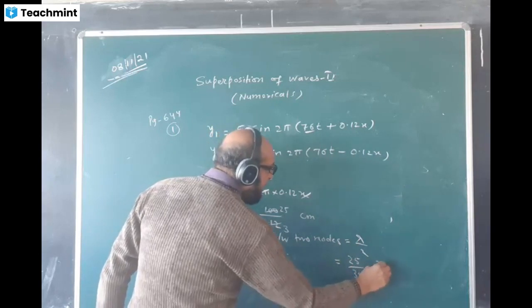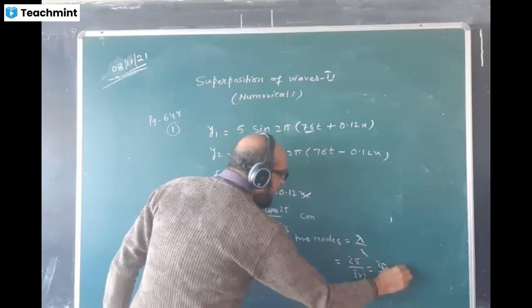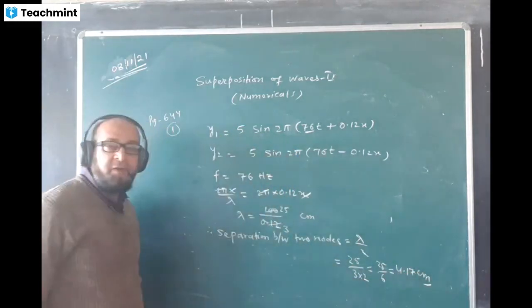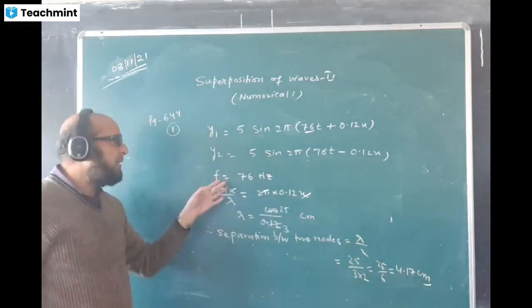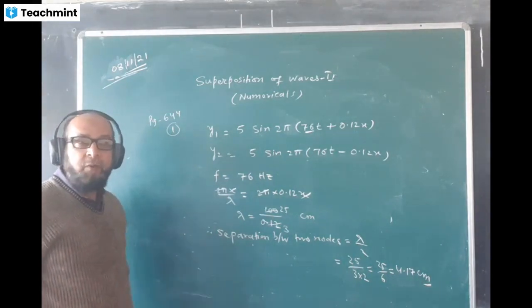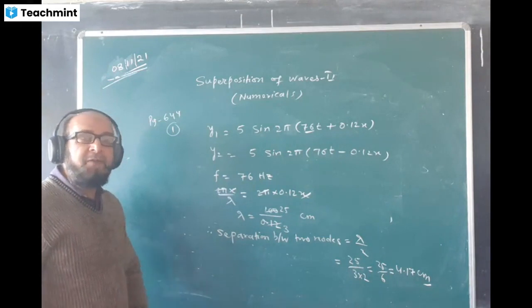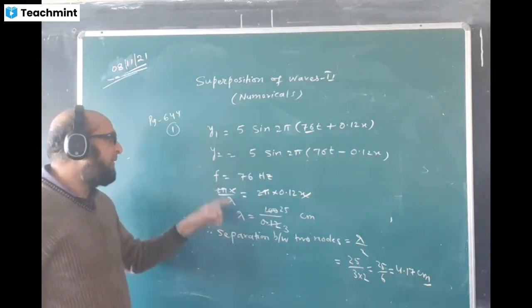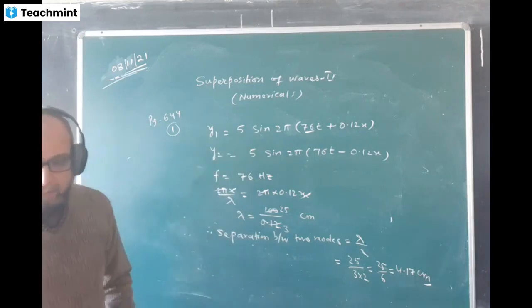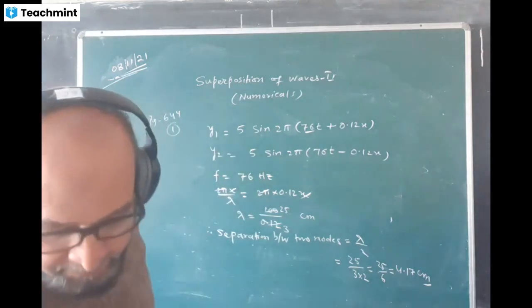Then answer is coming 25 by 6, 4.17 centimeters. Answer. Finished. Frequency, though we found, but it is not needed for this question because lambda we want. If they ask find velocity of the wave, we can find v equal to f lambda and find the value of velocity. But that is not asked. So this is answer 4.17.